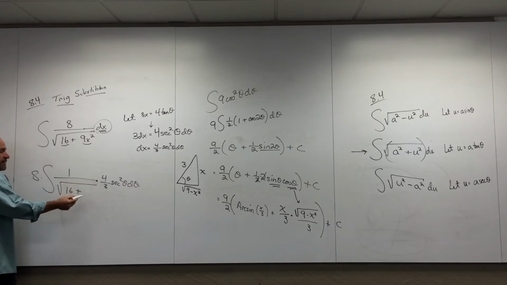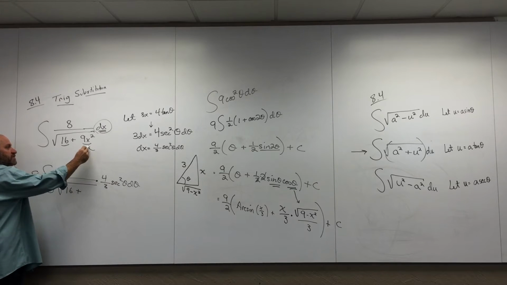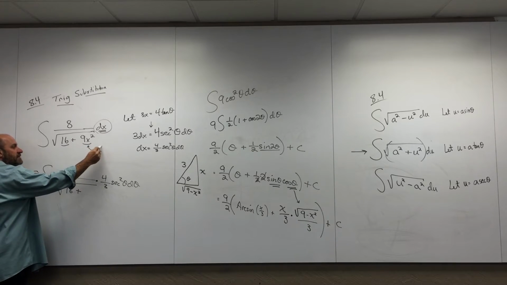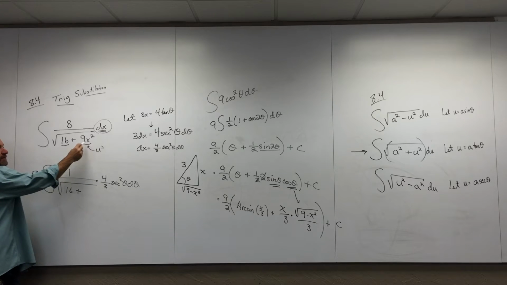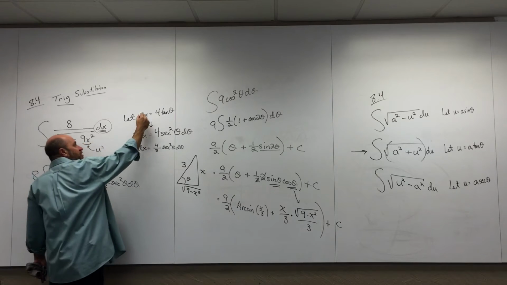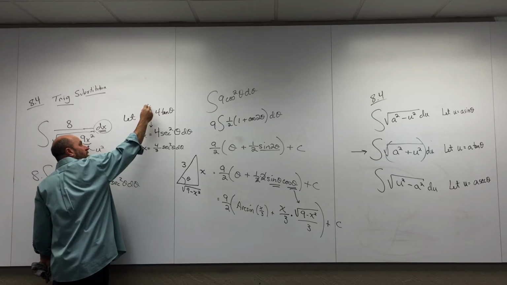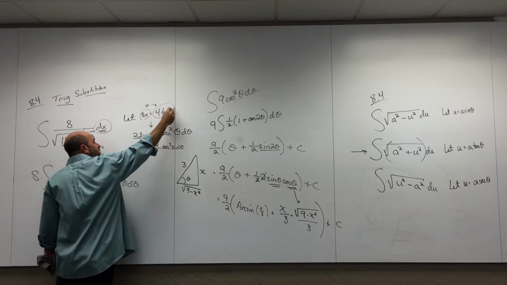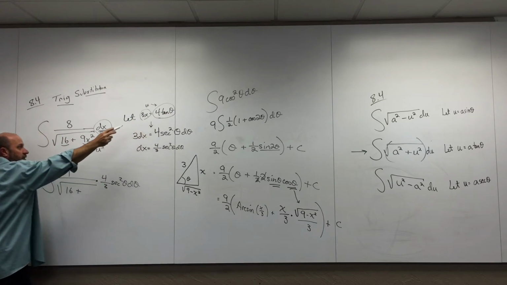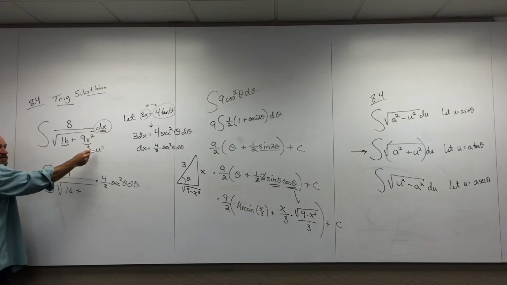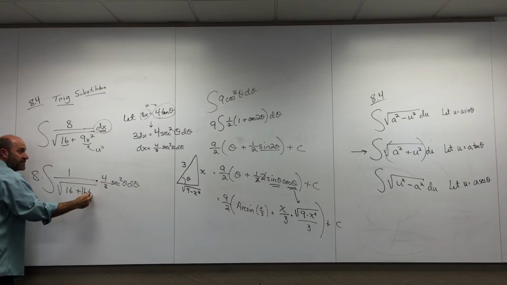All right, I'd like to do some of this in my head. Look, this was my u squared, right? And then this was my u. So my u is this, so it's that thing squared. So it's 16 tangent squared theta.